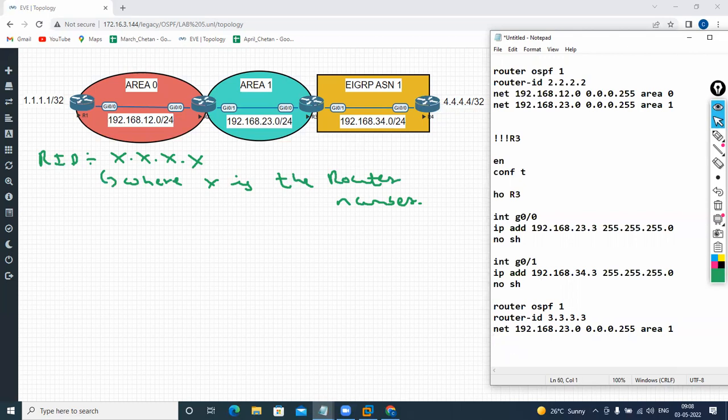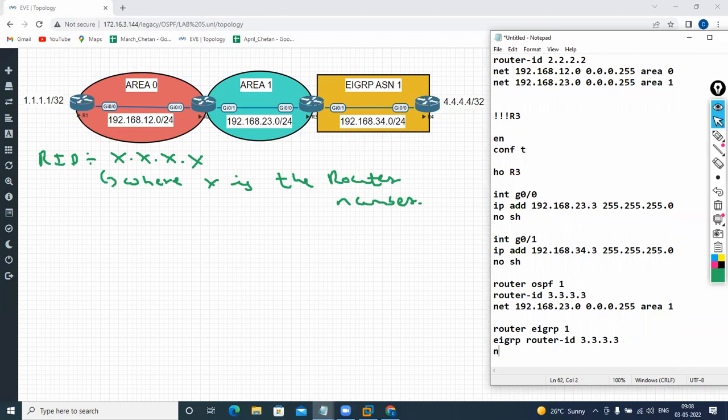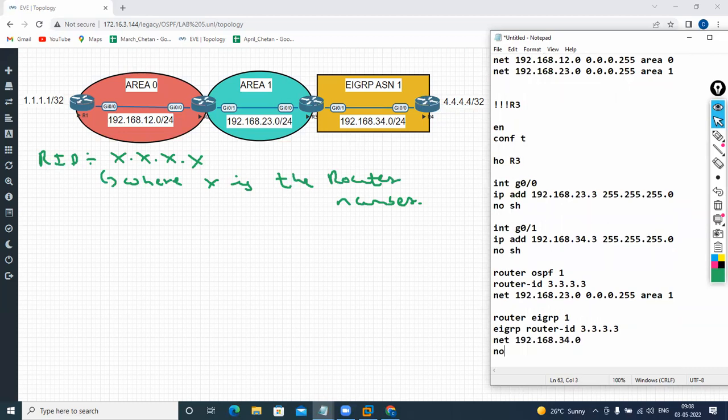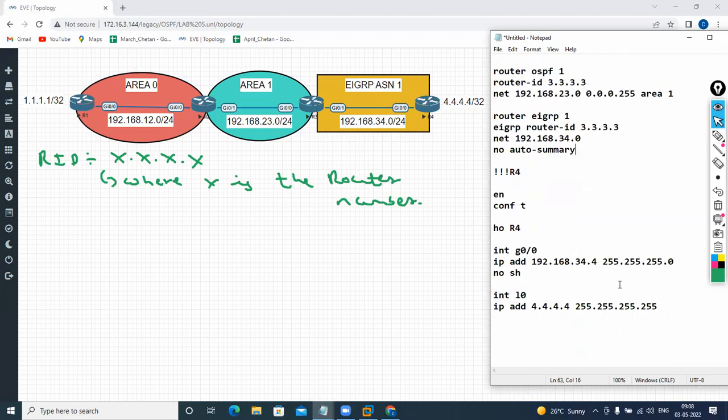So we need to enable that under EIGRP. Router EIGRP 1. EIGRP router ID 3.3.3.3. Network 192.168.34.0. No auto-summary. Now go to R4 and enable EIGRP.